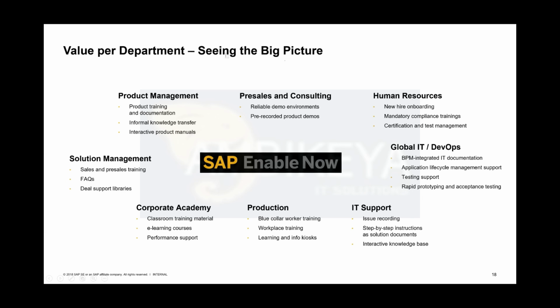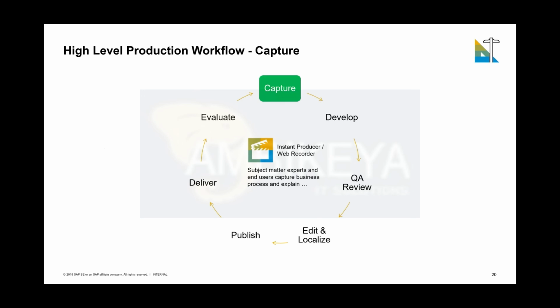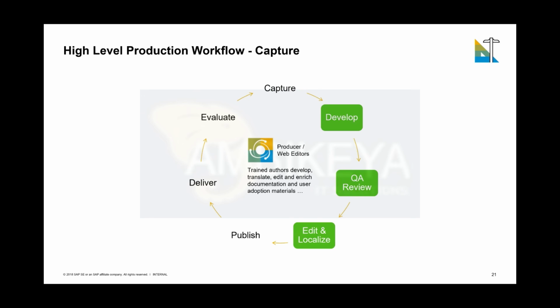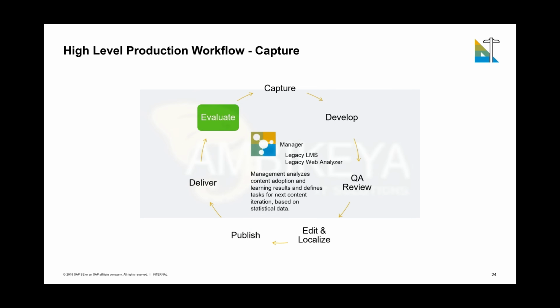Seeing Enable Now in the big scenario, seeing what Enable Now can do for the separate departments of a company, trying to broaden the scope very early, to identify, hey, this is not only the far too expensive screenshot tool that we have here. That's far more. And then the components that play together, all a bit facelifted, but you all know those slides already. Which tools are used for what purpose, what happens when, and the organization behind.